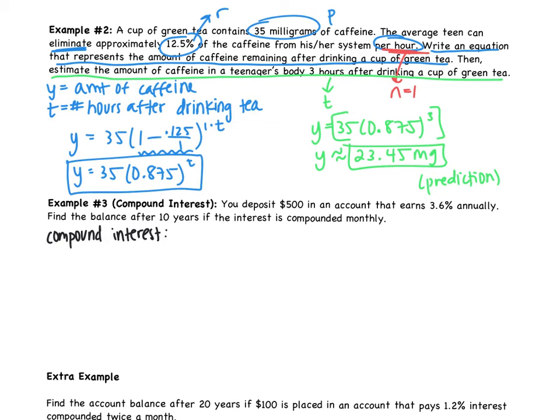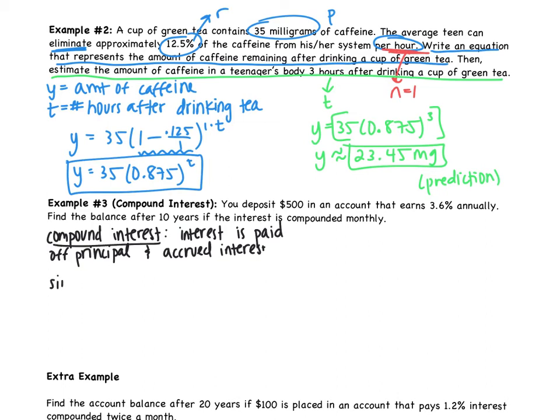If that interest is compounded, that means that the interest is paid off the principal and all accrued interest. So in other words, if you get interest monthly, the interest that you get will be based on how much is in your account and how much other interest you've gotten. So the more interest you're getting in that account, the more interest you'll be paid.